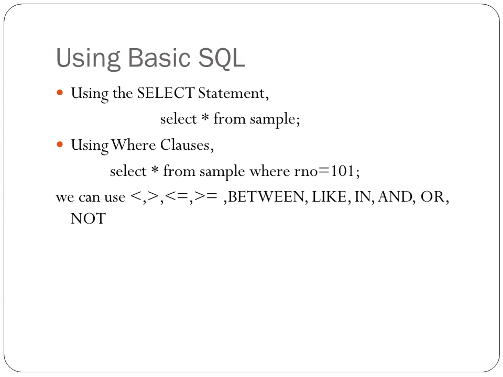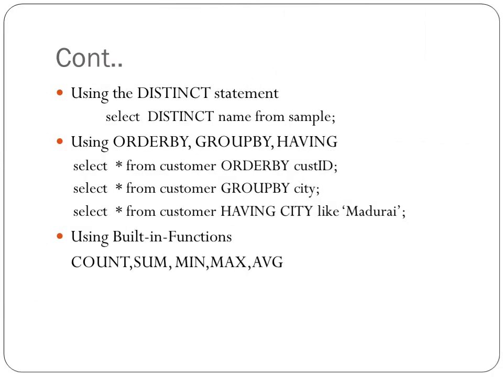And next one is using the where clause. So where clause means there is a condition, and we can use where, or we can use some relational operators or logical operators. Other than that, we can use between, like, in, some. Using the distinct statement.